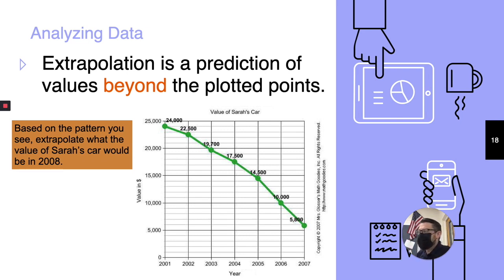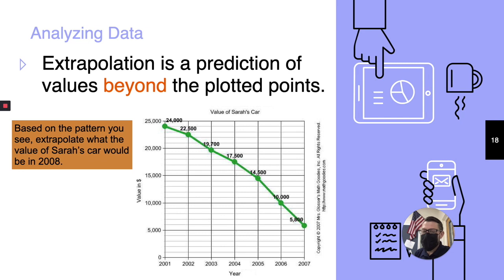Okay. Now, the last time she took the car into the dealer was 2007. If we wanted to predict how much the car was worth in 2008, we can extrapolate that information despite the fact that we don't have an actual measurement. If we look at that graph, the line is going down at a specific curve.